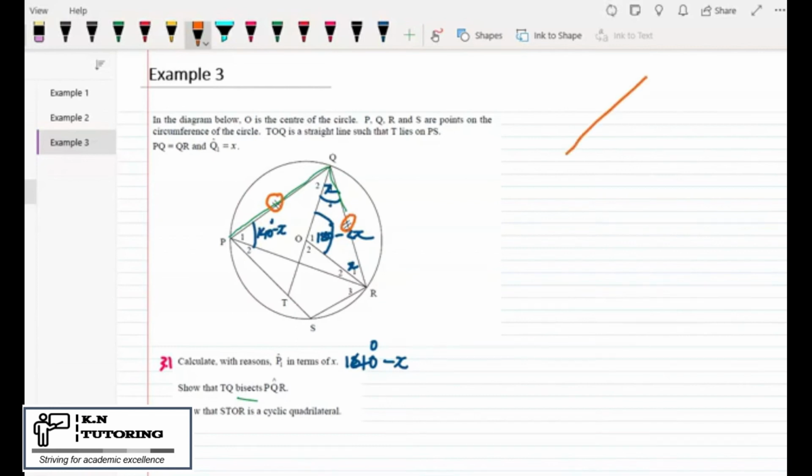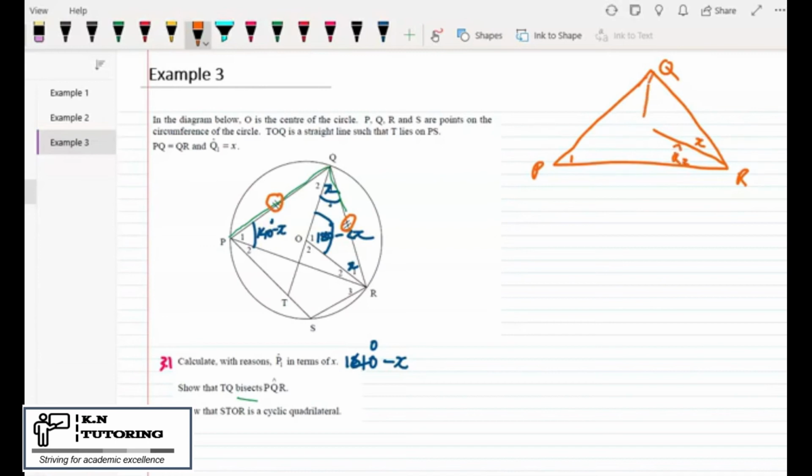So if you look at my diagram, and again, it's very important to isolate this diagram so that you can see them properly. So this is P1, this is Q, and that is R. But this R has got something like that. So we've got an X there, and we've got R2 there.